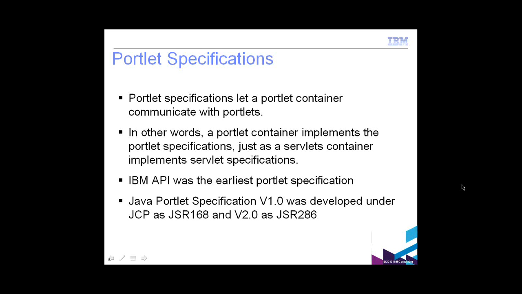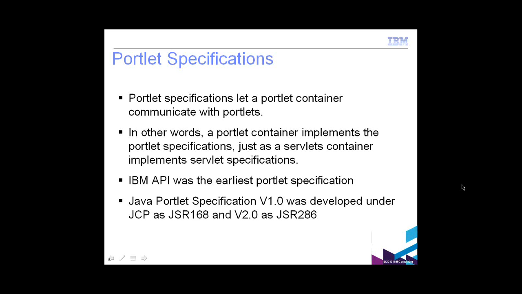Now, the portlet specifications have been around for a while, just as any other specifications. It started off with the IBM API, which was the first portlet specification. IBM started off with this concept of portlets.